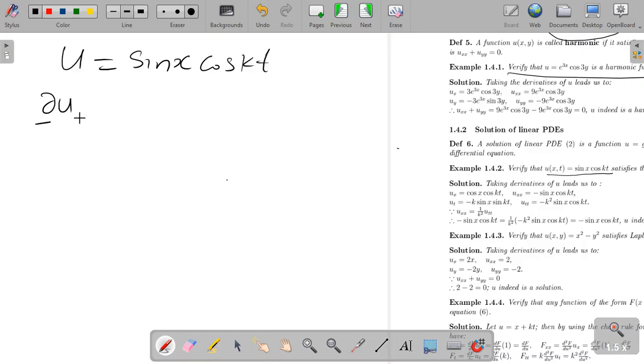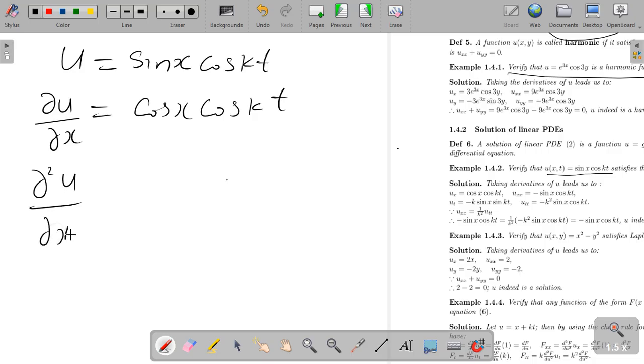We are differentiating with respect to x, and the differentiation of sine is just cos. So this is cos x, repeat cos kt. To get the second derivative, partial squared u over partial x squared, differentiate cos, you have minus sine x. You are not differentiating here because it does not have x, so repeat cos kt.